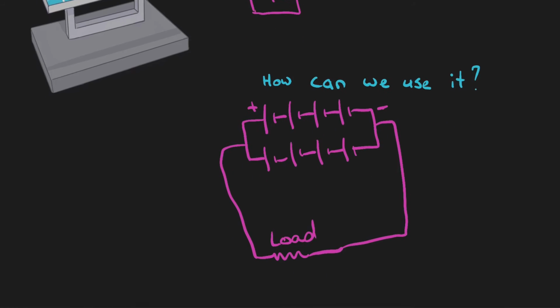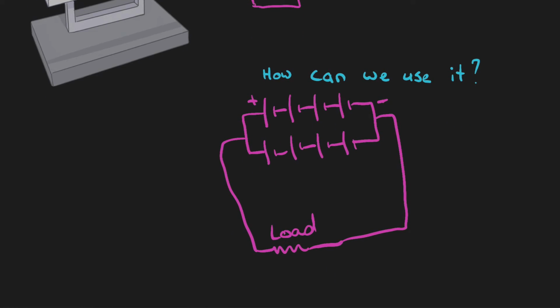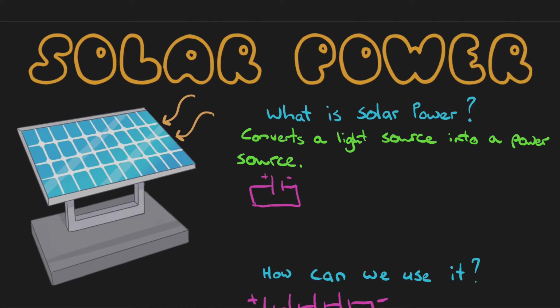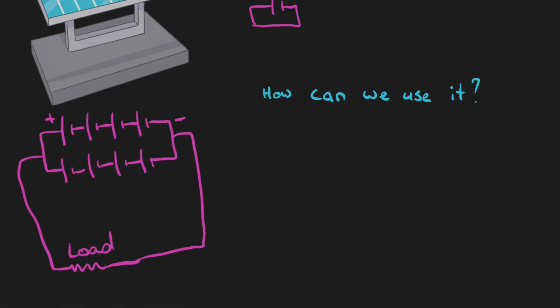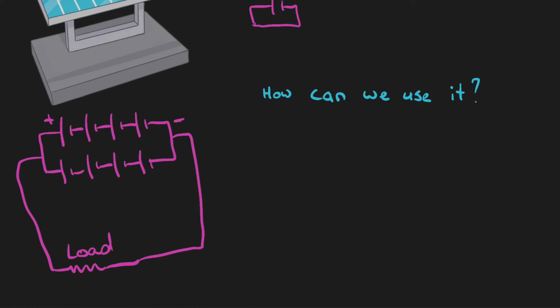So how do we calculate using solar power? Well, solar power, and I might just quickly move this off to the side, is generally given in a wattage and also a voltage.